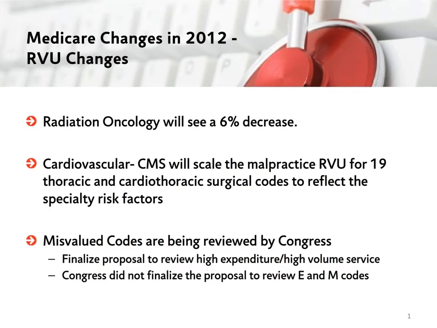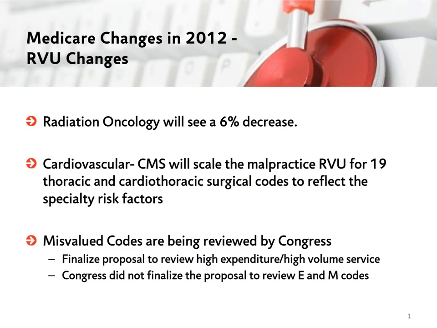For cardiovascular providers, CMS will scale the malpractice RVU for 19 thoracic and cardiothoracic surgical codes to reflect the specialty risk factor. So they're looking at these procedures to make sure that they have allocated enough malpractice to associate with this RVU. So you may see a decrease. It's not 100%. And for codes that have been devalued, they're actually now being reviewed by Congress.